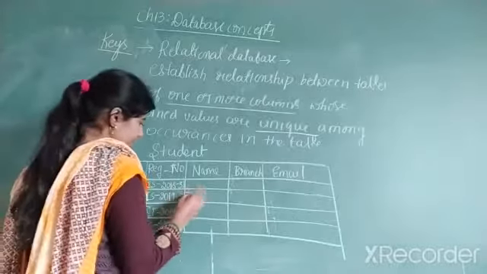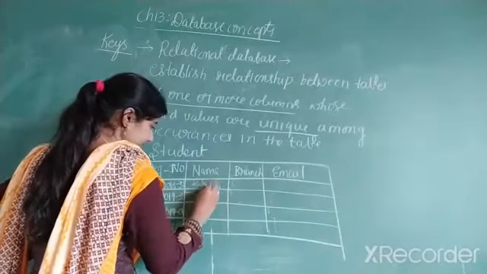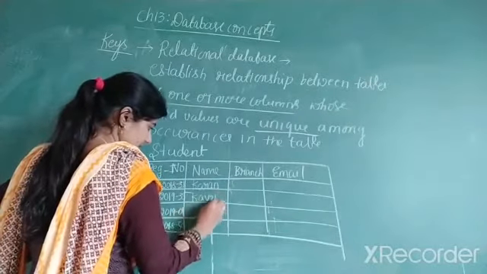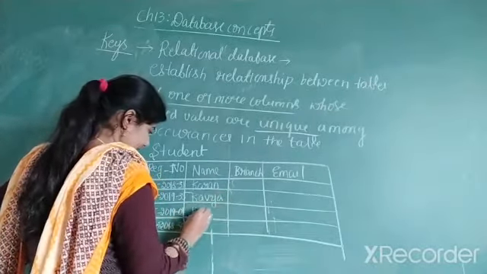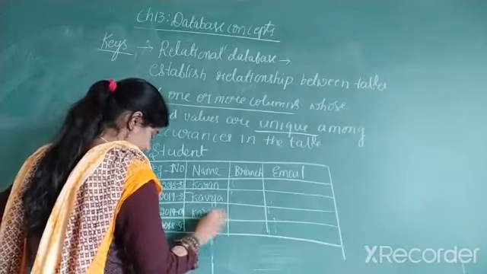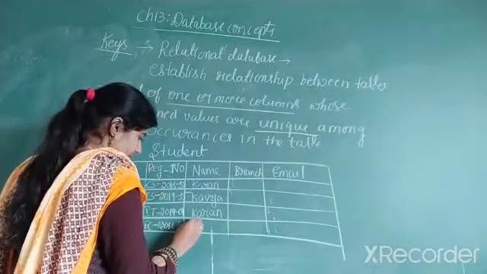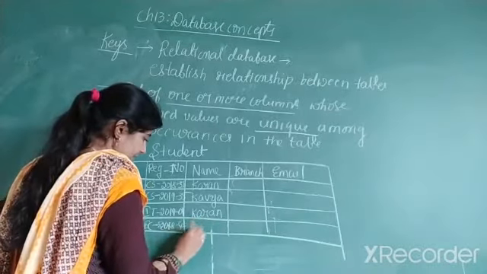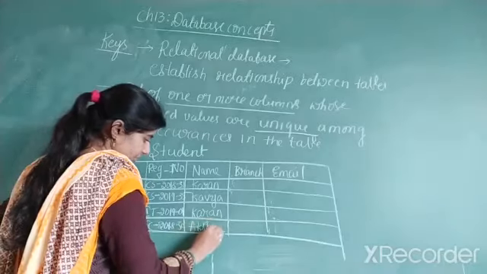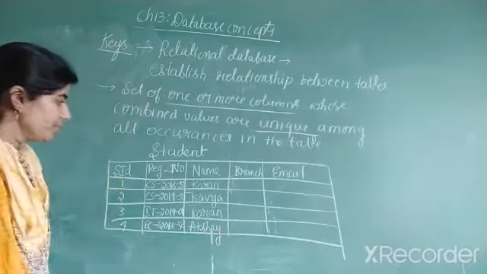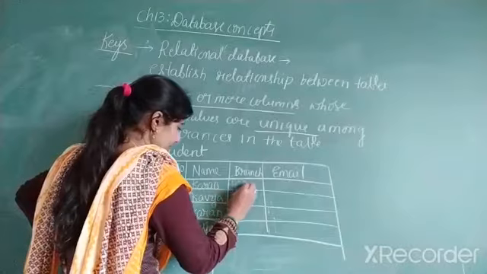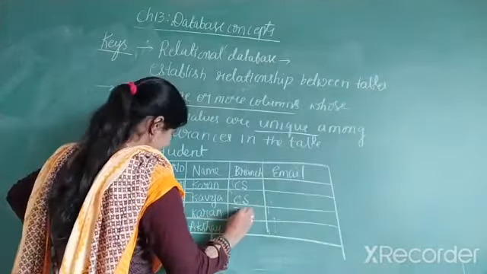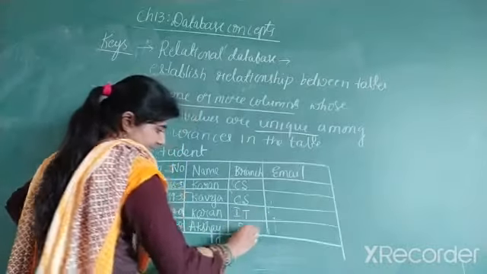And for the name of the student, let us consider Karan, Kavya, and again Karan, and you may write any other name, Akshay. You can observe the branches are CS, CS, IT, and EC.